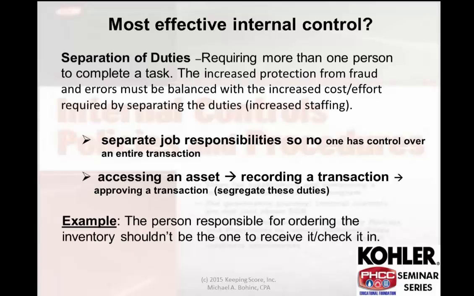And sometimes the benefit of reducing that risk of inventory being stolen is less than the increase in cost to the company by adding, say, a warehouse person or something. So you're always going to look at cost-benefit analysis, essentially.